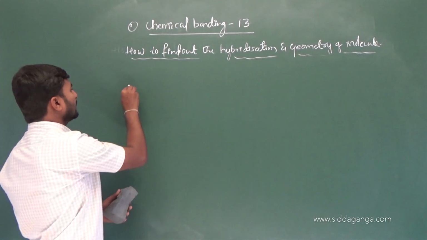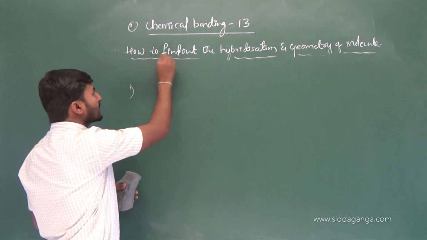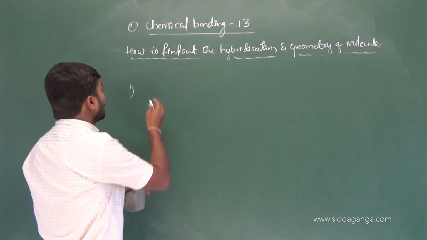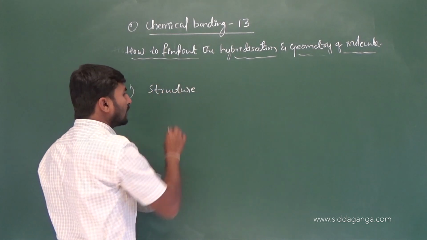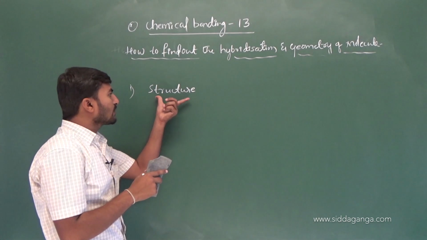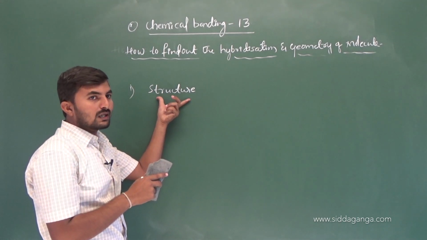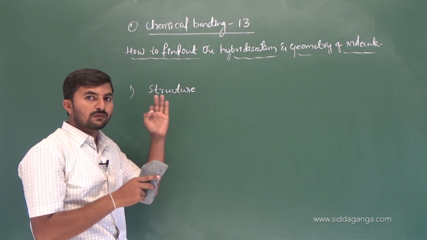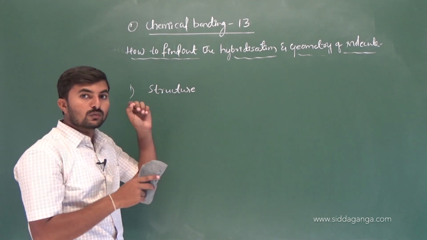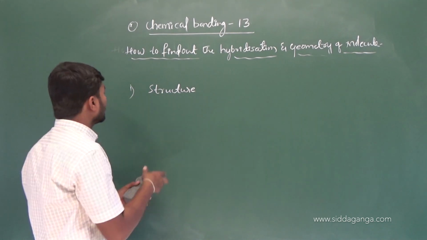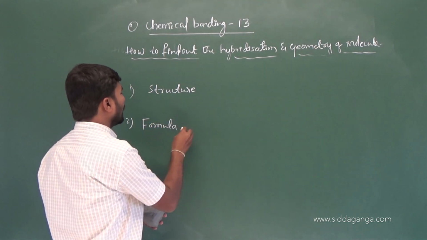The first method, in order to know about the hybridization of any molecule, is that you must know the structure of the molecule. And the second one is the formula method.